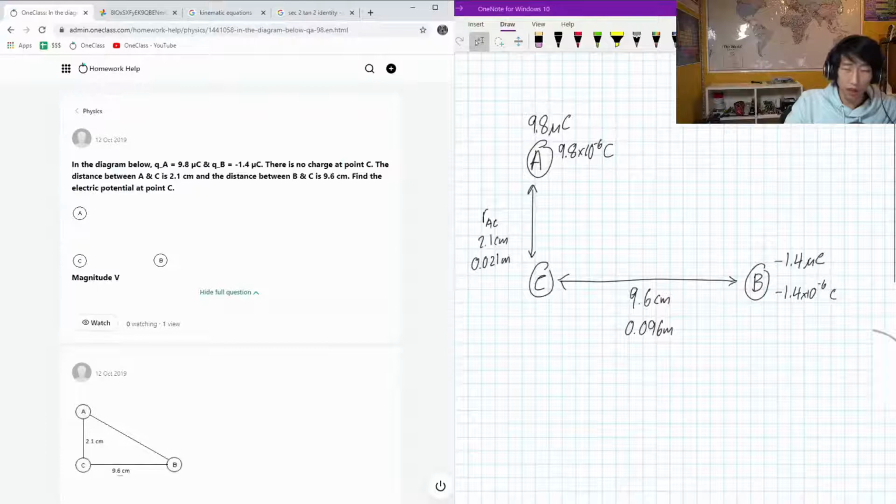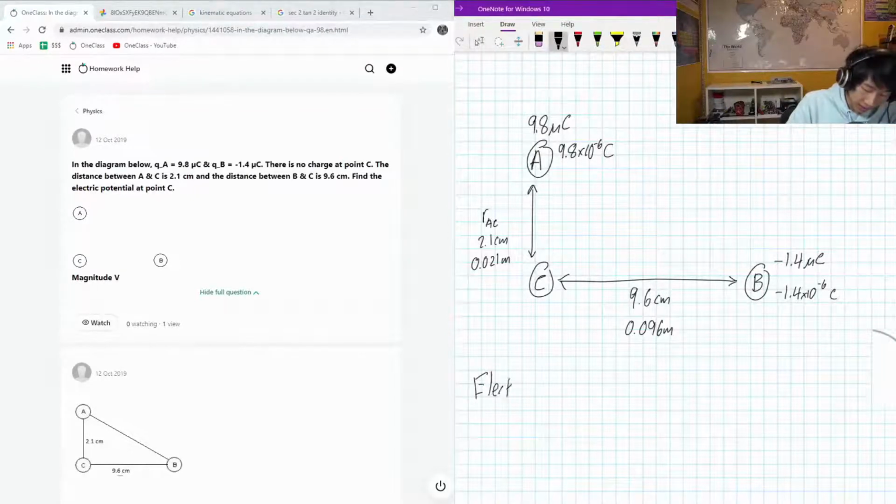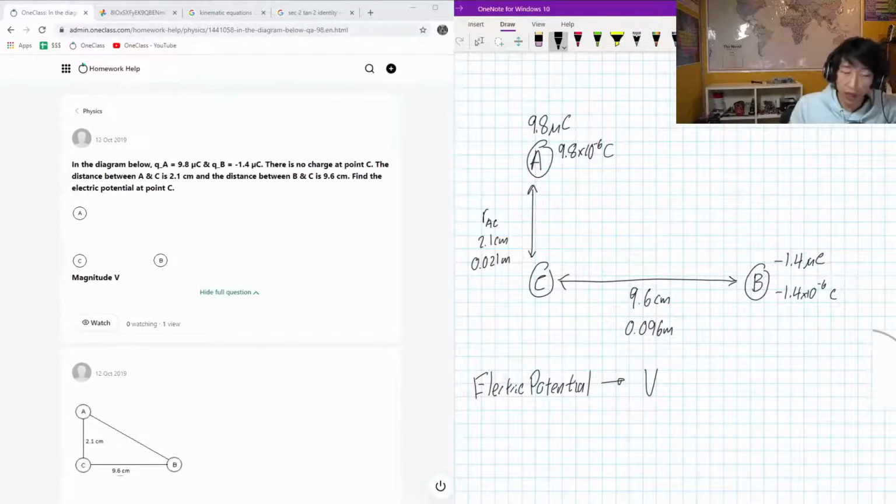So to do this, what we have to do is use the electric potential equation. It's represented with the letter V. It's also commonly referred to as voltage, but we say electric potential for these electrostatic type of questions, and we say voltage more for electric circuits.